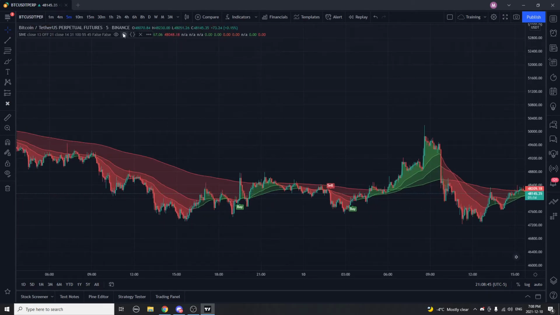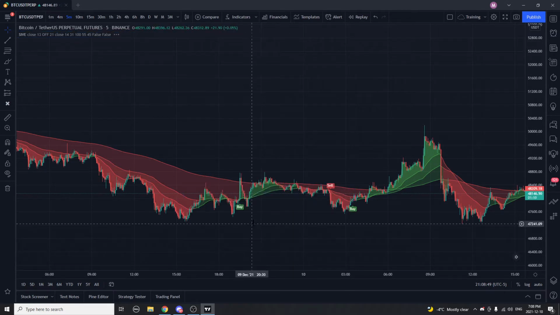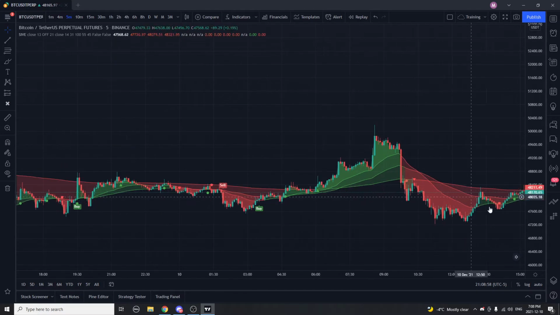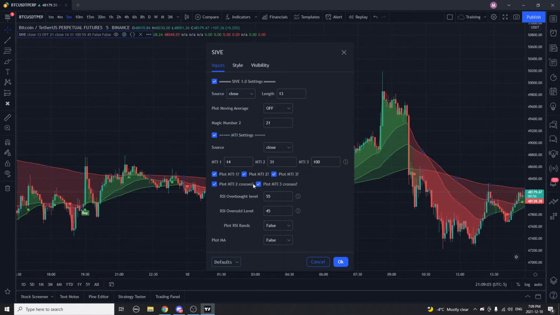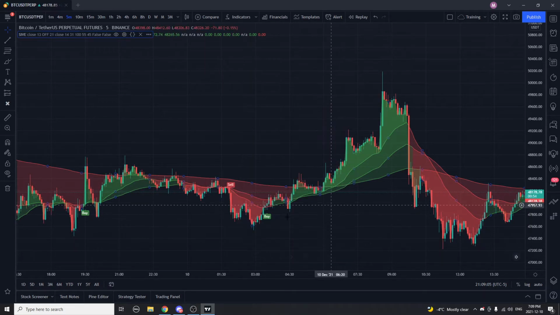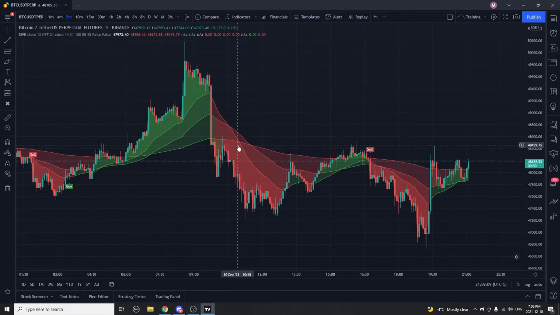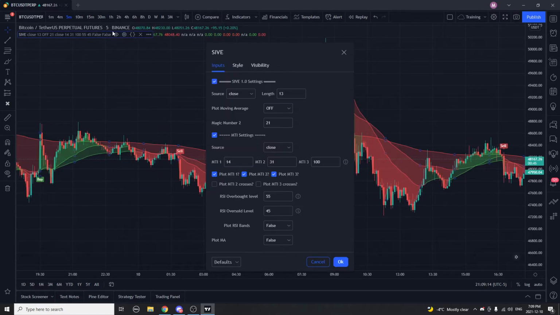I've also added a nice little thing where you can plot the crosses, so you can plot the different crosses that happen, a 2 MTI cross and a 3 MTI cross. I generally like to just run this, just because I can visually see, and I'm usually watching the markets anyways. But this is the inside of the Sive settings that you're going to get when you get access to Sive.